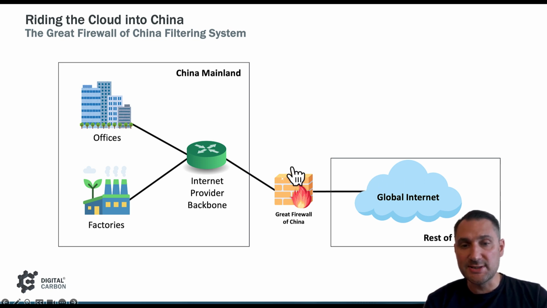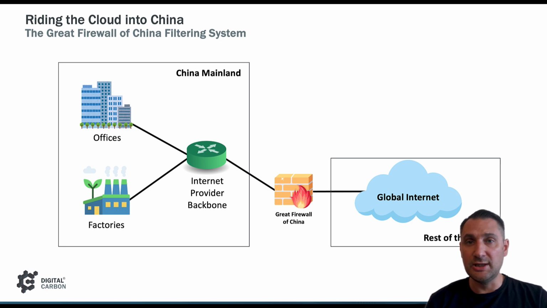Because of the filtering system that the Great Firewall does, it dramatically slows down our connections. We get high latency, we get packet loss, and even if you are using VPNs, then the traffic can be completely cut off. And it's basically unreliable, especially for the enterprise systems which we use today.